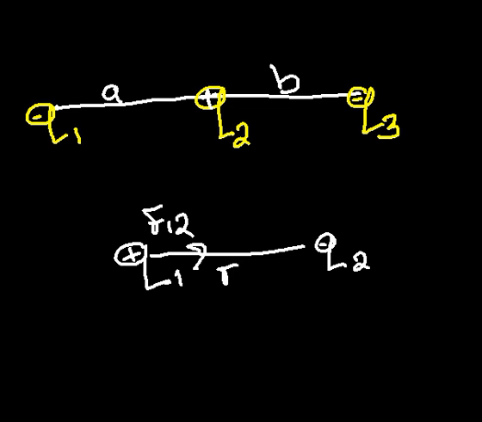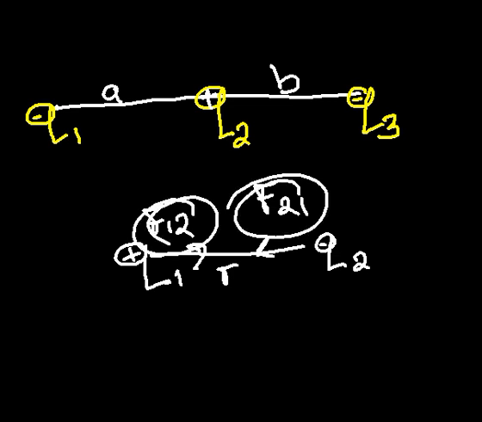Likewise, the force which charge 2 will experience due to charge 1 will be towards this direction. We'll have it as F21. So in this case, you can see that these forces are the same, but they differ in direction.